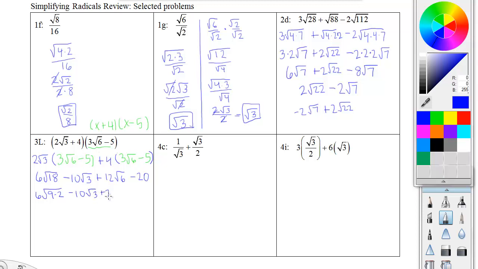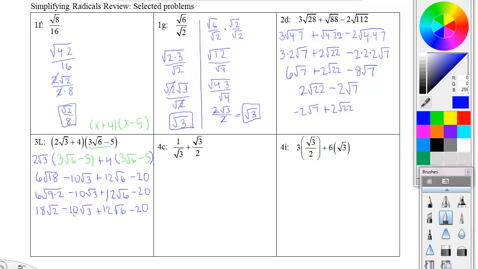The square root of 9 is 3, and 6 times 3 is 18, so we get 18 square root of 2 minus 10 square root of 3 plus 12 square root of 6 minus 20.